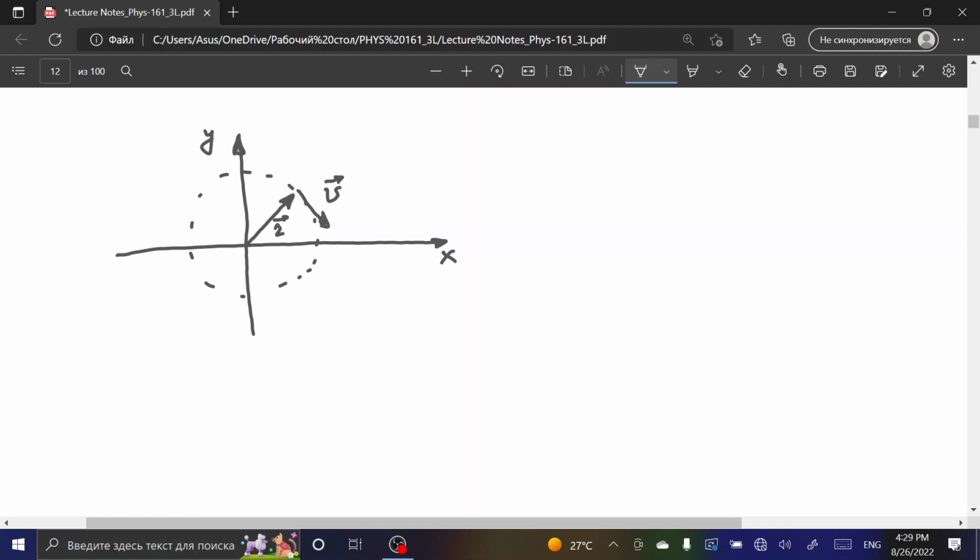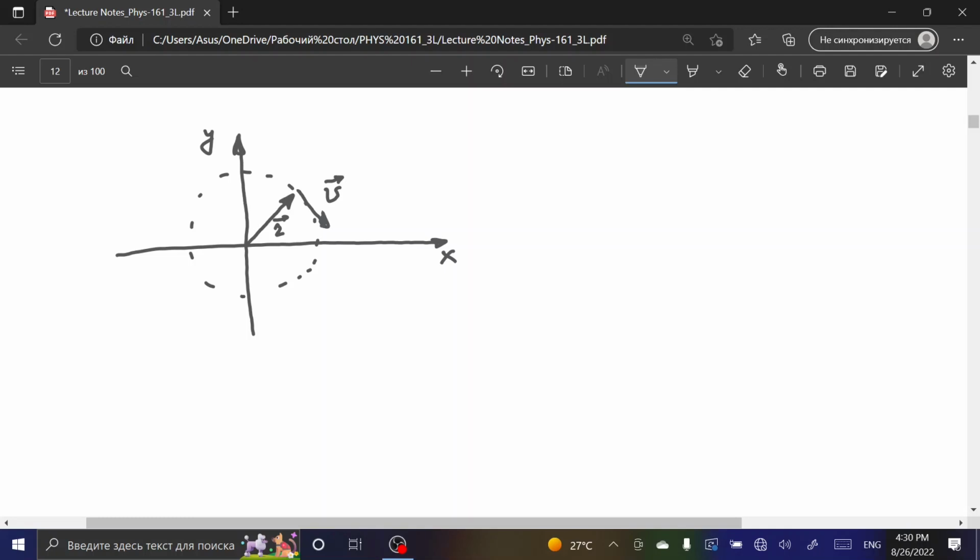So now the question is how we quantify the position vector or radius vector r. We want to do some mathematical operations with a vector. We have this system of coordinates x and y, and we want to represent it in a form which is convenient for mathematical operations.